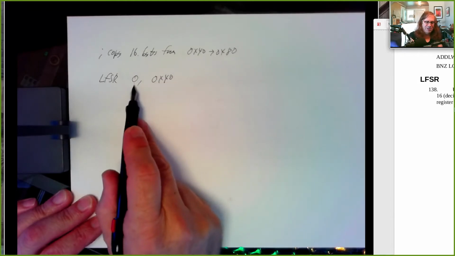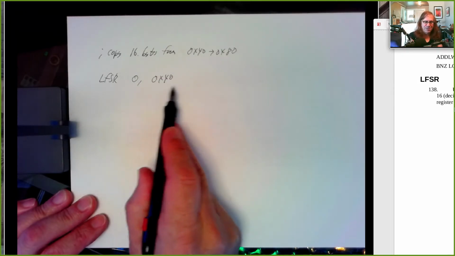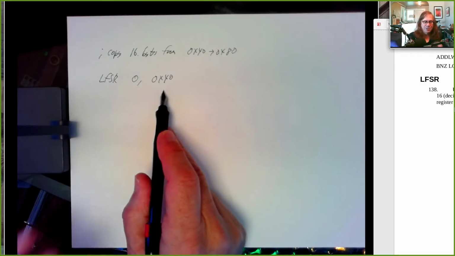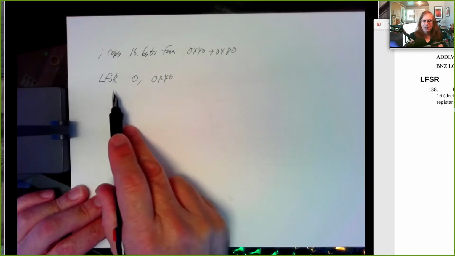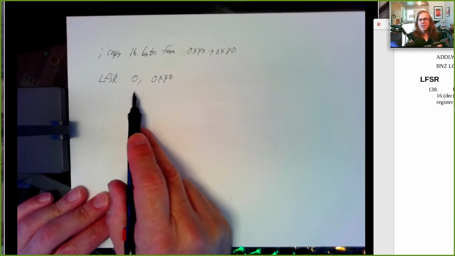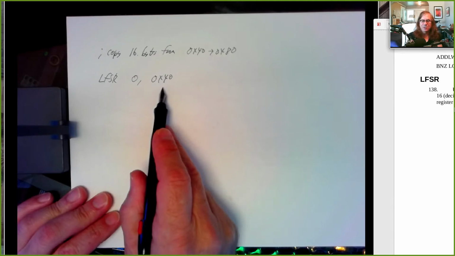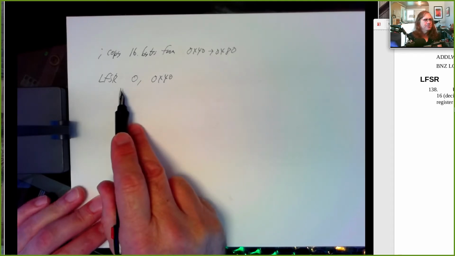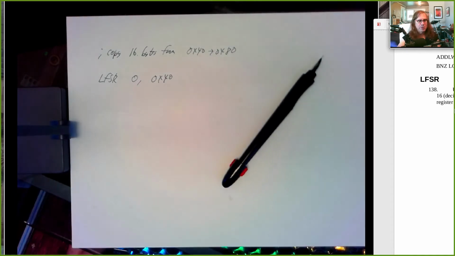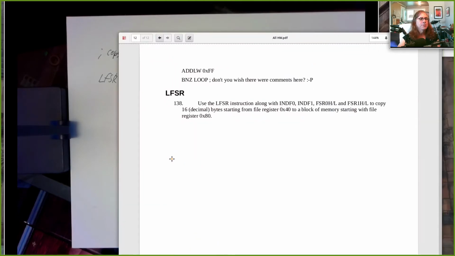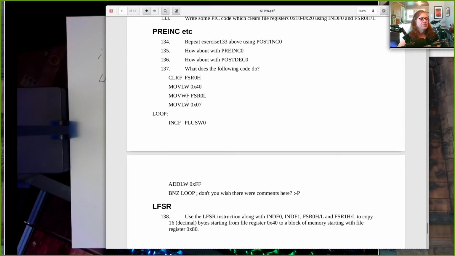This says I'm doing FSR 0, and this specifies a 12-bit number, and the low 8 bits will get loaded into FSR 0L, and the upper 4 bits will get loaded into FSR 0H. And we could do this the way we did this over here. We could just load a 0 into the high part by doing clear, and then put a number into W and put that W value into FSR 0L.